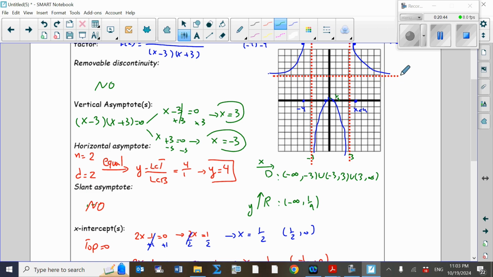The asymptote is at y equal to 4, so the y values are not defined at y equal to 4. The second part of the function starts from 4, and after that everything is defined. So 4 to infinity. This is the range.